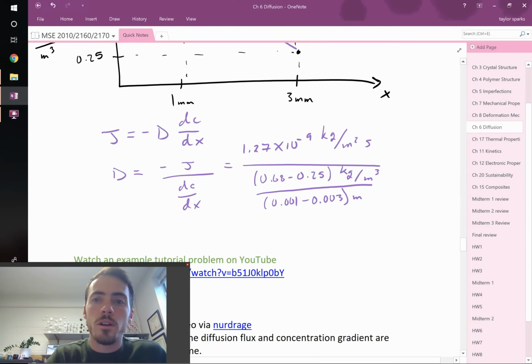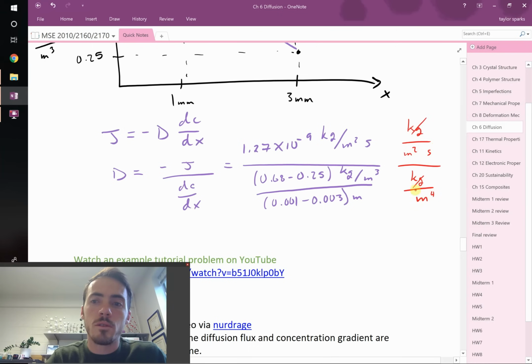We're going to end up with, so the top has kilograms, and the bottom has kilograms, so those would cancel. This had meters cubed divided by meters, so this ended up being meters to the fourth, whereas this one was meters squared per second.